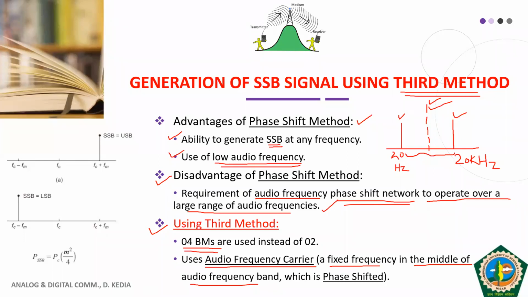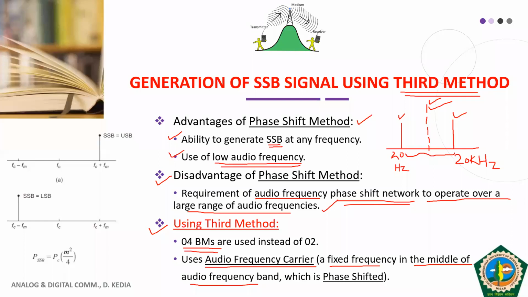This audio frequency carrier has nothing to do with your carrier signal for modulation. This is just for phase shifting, so that our scheme of generation of single sideband signal is mature.